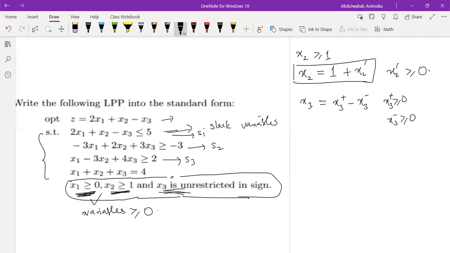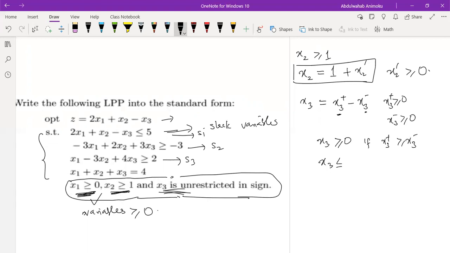If these two numbers are non-negative, think about it. If I have the difference of two numbers, either the first is greater than the second, and in that case X3 will be positive. So X3 will be greater than or equal to 0 if X3 plus is greater than or equal to X3 minus.